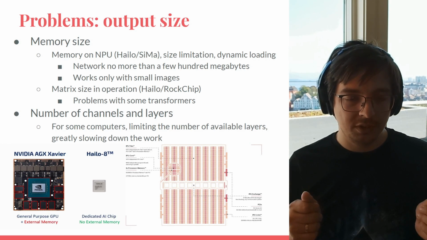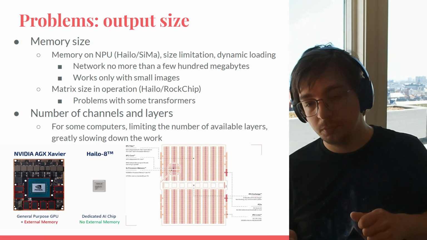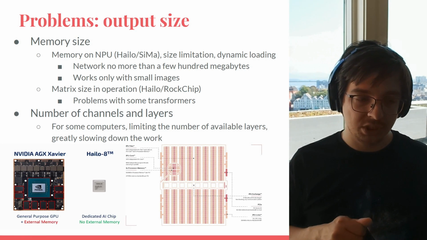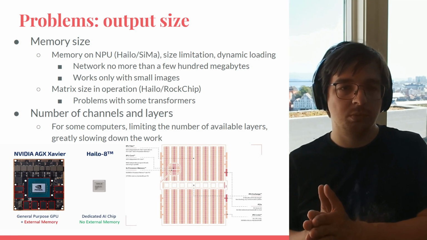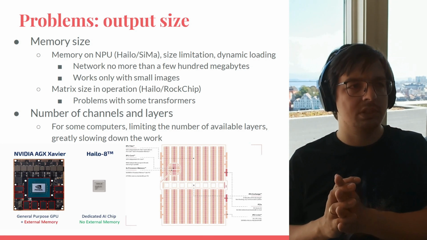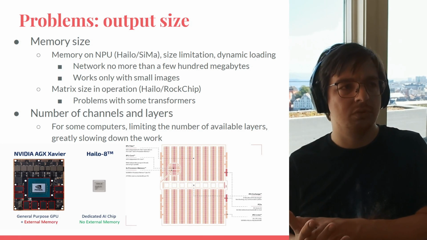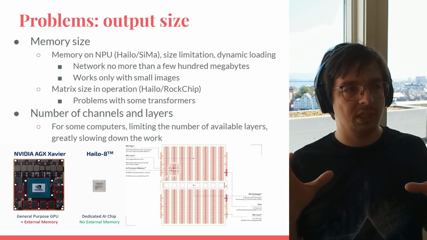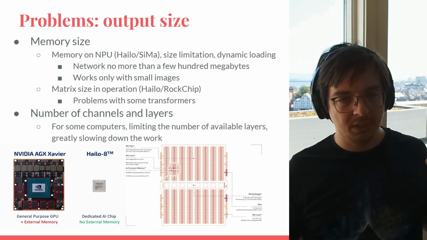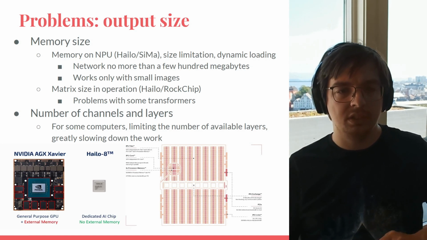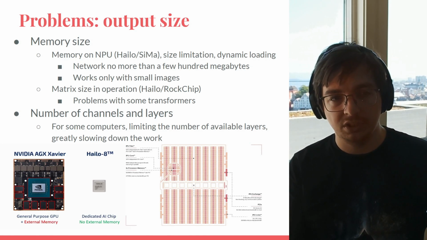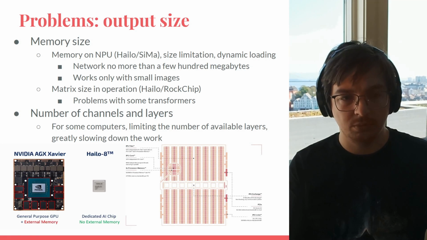A lot of times it's because it's too big a model or some operations are too big. For example, for Hailo, it was average pooling, a big operation. For RockChip, sometimes it's the size of the matrix multiplication. And for different boards, there can be different questions and different troubles.